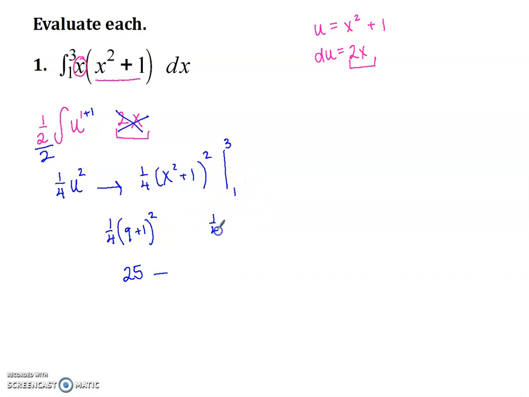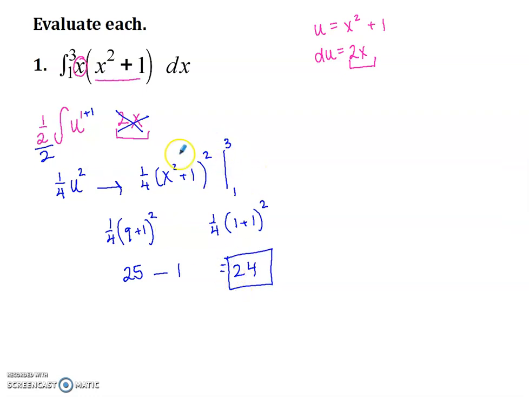So when I plug in 1, I'm going to have 1/4 times 1 squared is 1 plus 1, squared. So 1 plus 1 is 2. Squared is 4 times 1/4 is 1. So 25 minus 1 is going to give me 24.